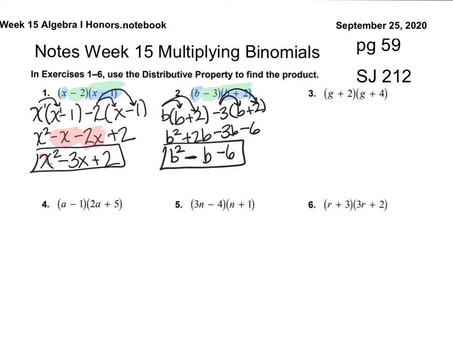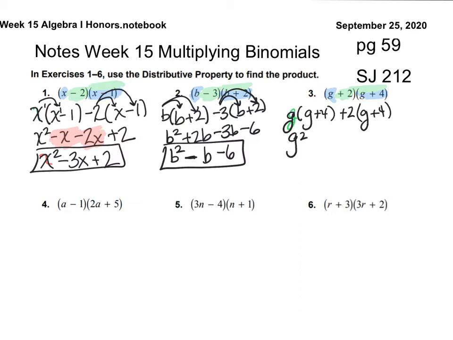I'm going to distribute g to g plus 4, and I'm also going to distribute positive 2 to g plus 4. G times g plus 4, plus 2 times g plus 4. Distribute.